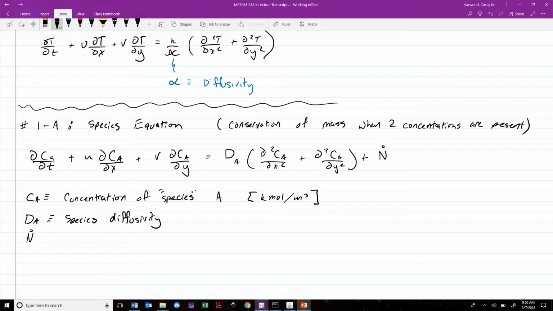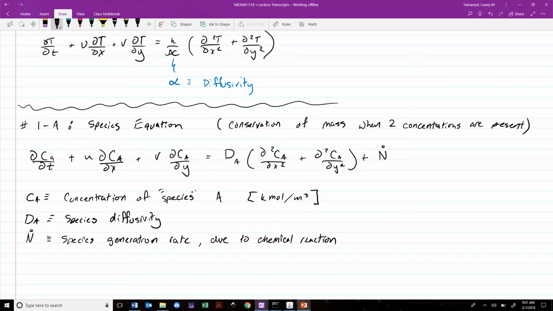And N, right, is the species generation rate, generally due to a chemical reaction.